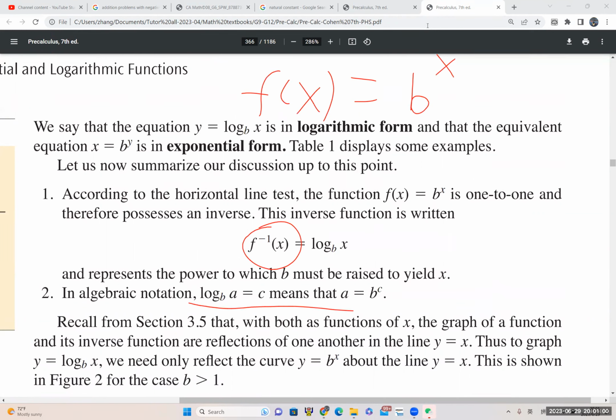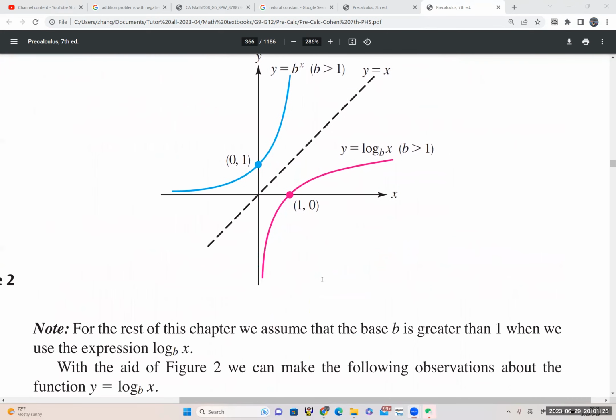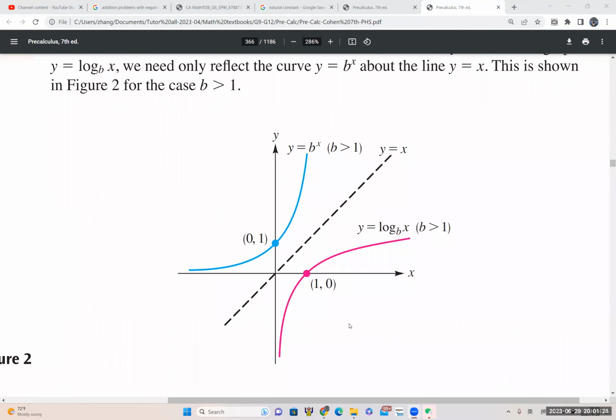So again, here is the relationship: if log base b of a equals c, then it means a equals b to the power of c. As they are inverse functions, they are symmetric about y equals x.